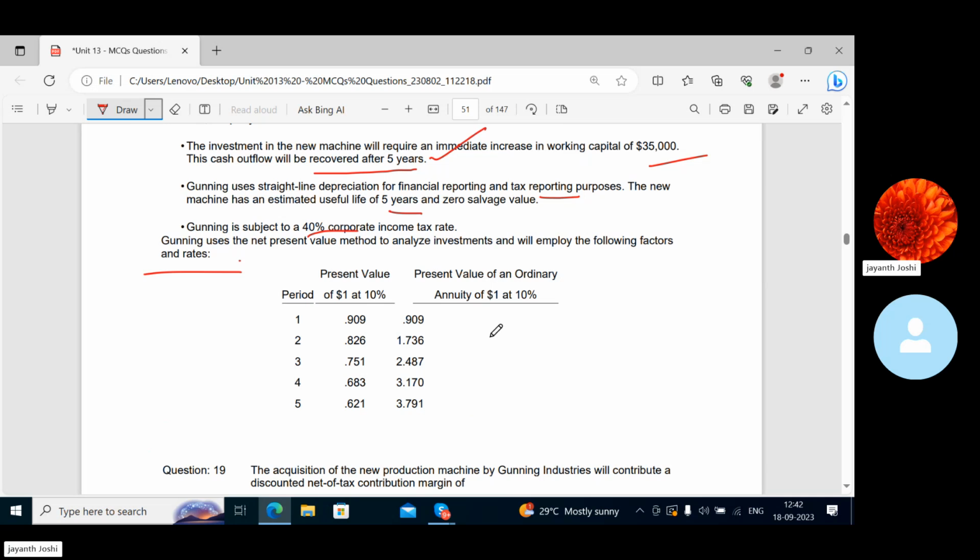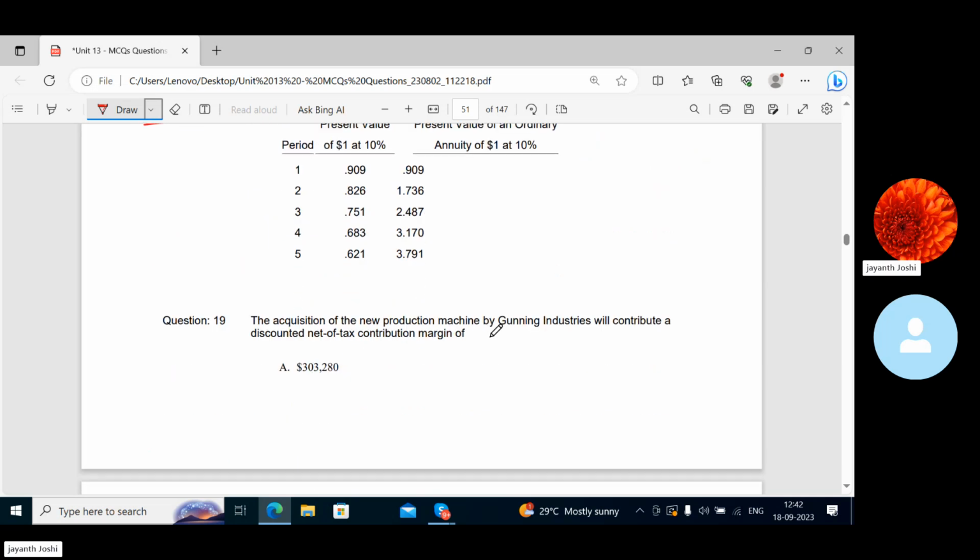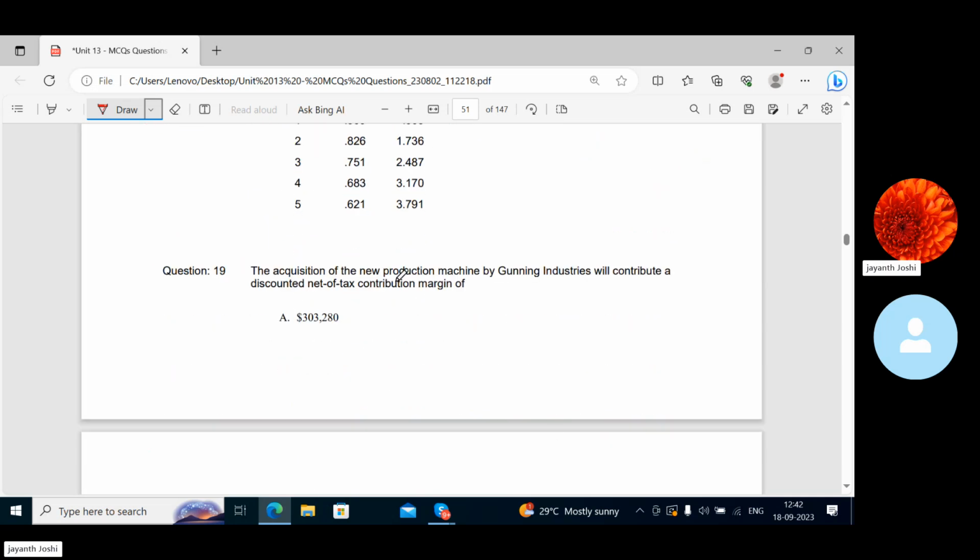But what are they asking actually? The acquisition of the new production machine by Gunning Industries will contribute a discounted net of tax contribution margin of. So we are only concerned about contribution margin. Sales minus variable cost is contribution, right? You know this. Yes, sir.